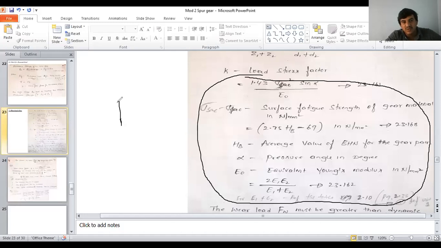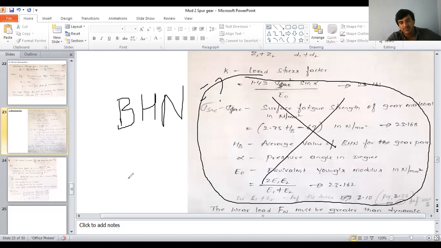If BHN, the Brinell hardness number for the pinion and gear, is unknown, then no need to use this formula. Then from this you equate and determine the K value. Once you determine the K value, refer to the table that is not there in the notes. I'll share it on one more page.